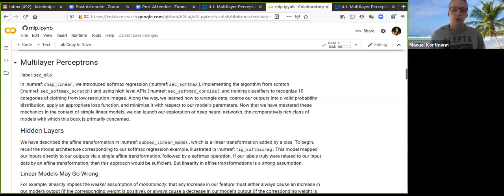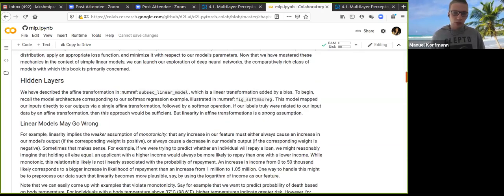Along the way, we learned how to wrangle data, coerce our outputs into a valid probability distribution, apply an appropriate loss function, and minimize it with respect to our model's parameters. Now that we have mastered these mechanics in the context of simple linear models, we can launch our exploration of deep neural networks, the comparatively rich class of models with which this book is primarily concerned.